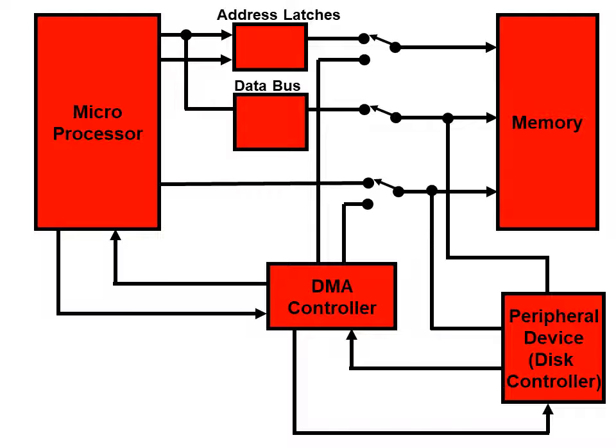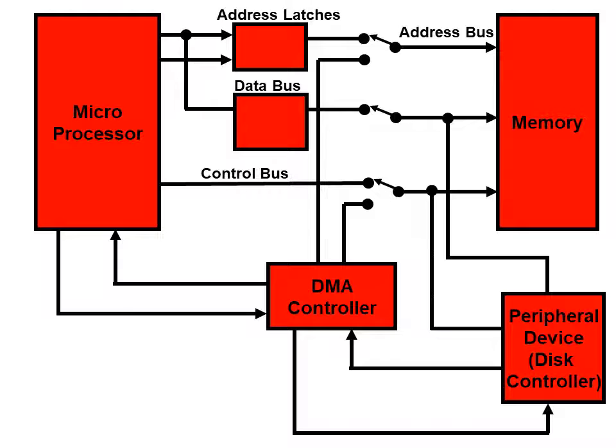These represent the system bus, address bus as well as data bus. We have an address latch, this is the data bus and this is the control bus. Because we have one set of system bus, we have address bus, data bus and control bus.